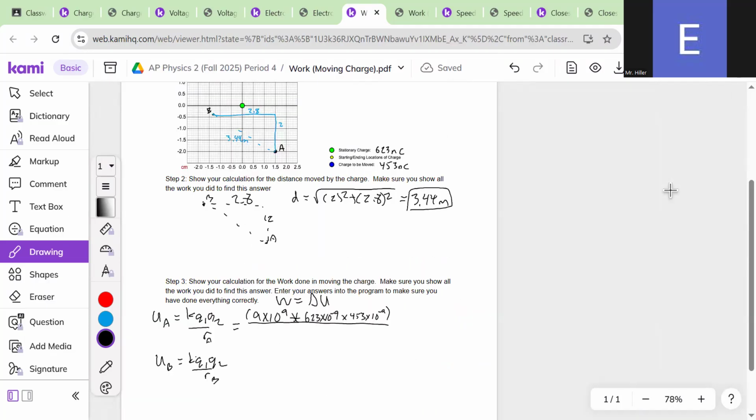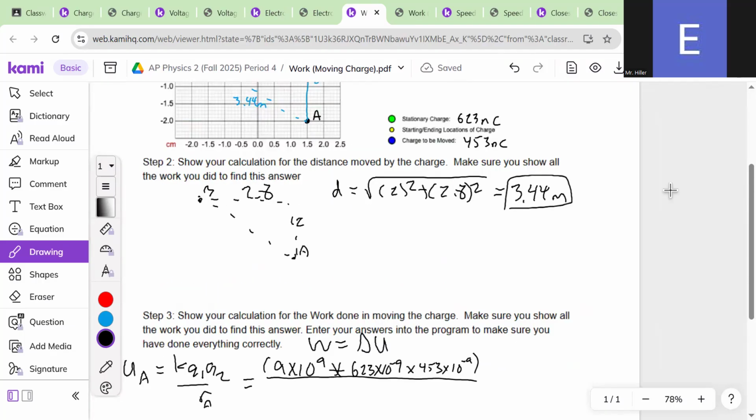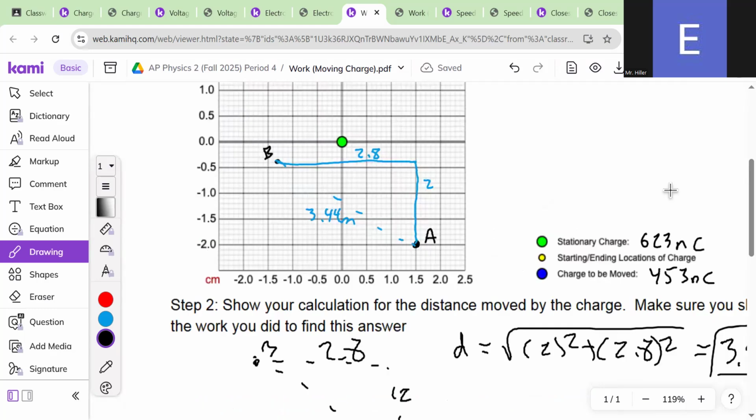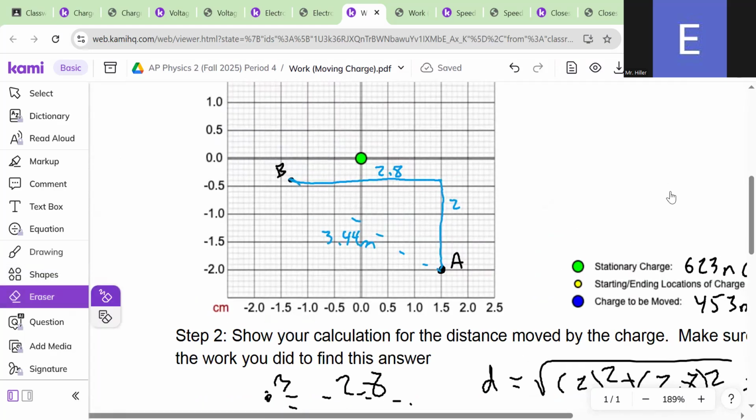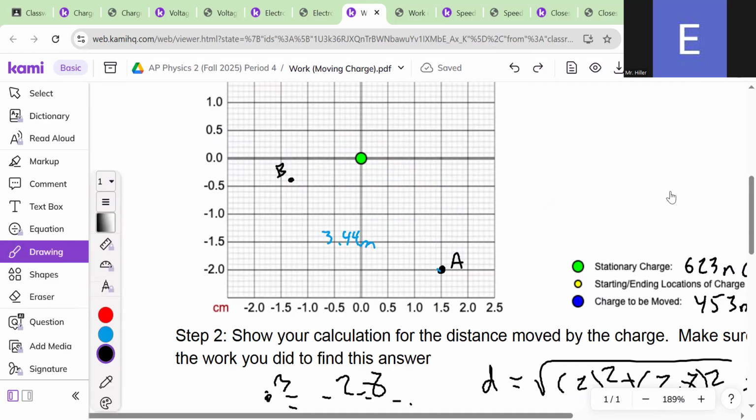Okay, so that distance was, let's see, did I find that distance yet? I did not. Let me find those distances. Let me erase this real quick. Find the distance to point A and the distance to point B. The distance to point A looks like it's going to be over 1.5 and down 2.